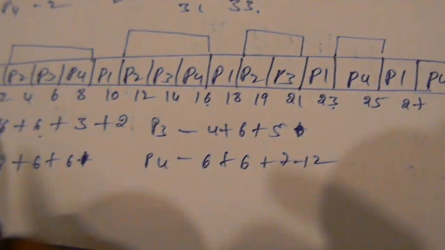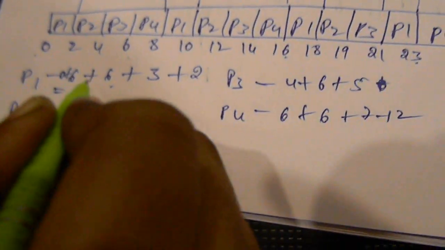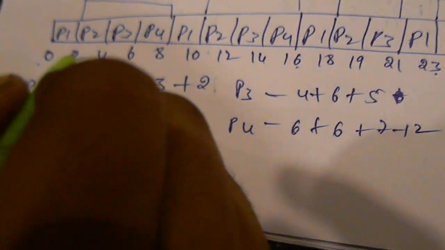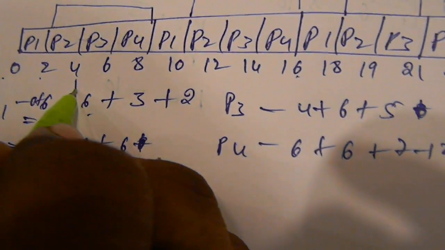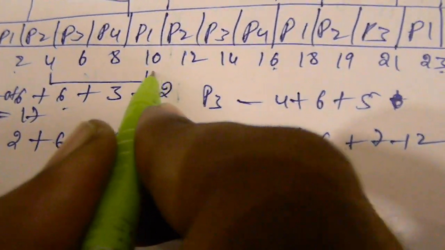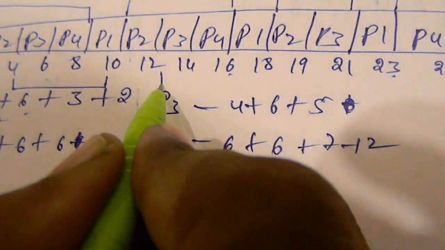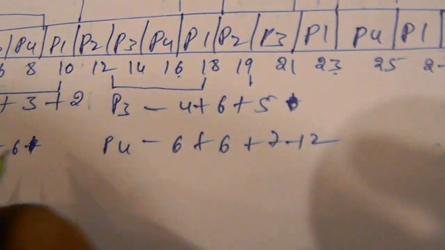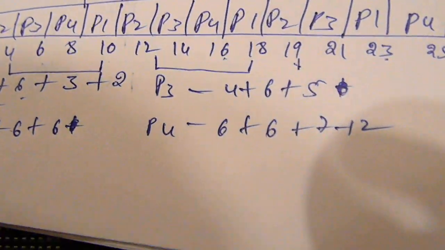P1 waits a total of 17 milliseconds. P2 at the start waits 2 milliseconds, then 6 milliseconds from 4 to 10, and 6 milliseconds from 12 to 18.